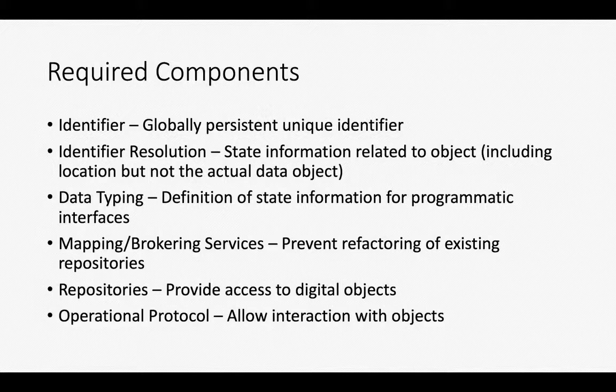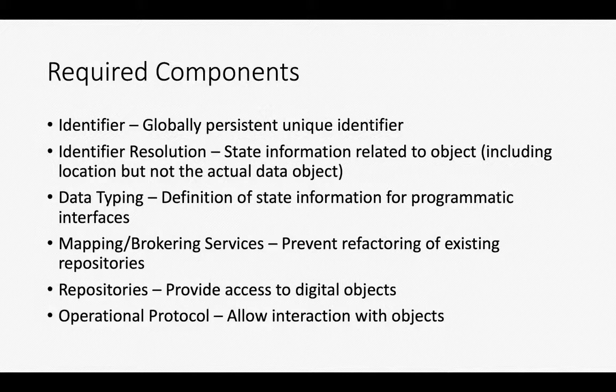A data typing service basically tells you, if you're getting this type of data, what that means. You can think of getting a collection date of the information: what format will that be? That's for programmatic interfaces to interact with data. You find what the data type of each of the items in the state information is, so you can then further use that, especially in programmatic interfaces.